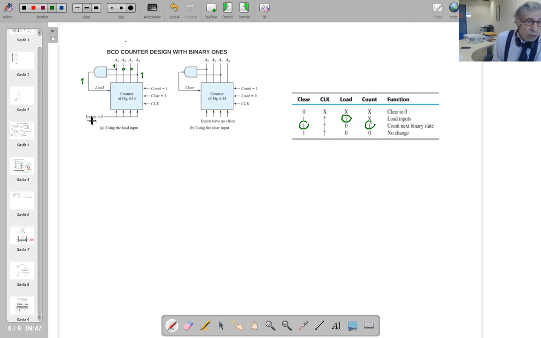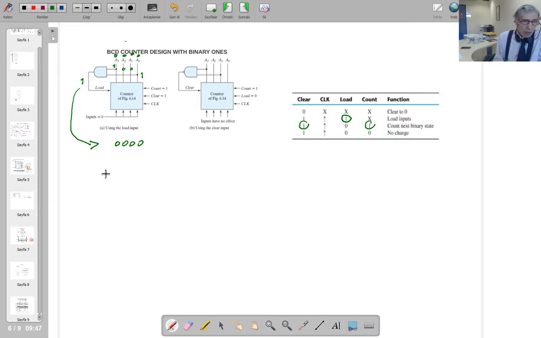If you look, the load input is 0, so after 9, you're going to see 0, 0, 0, 0 because of this 1. So you see 1 at the output. When this load 1 comes in, that input is going to be loaded in, so it's going to be 0, 0, 0, 0. It is binary coded decimal counting.